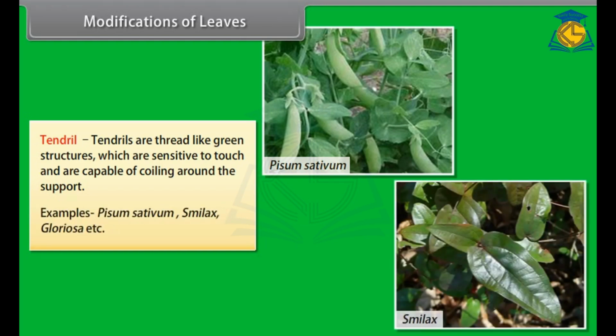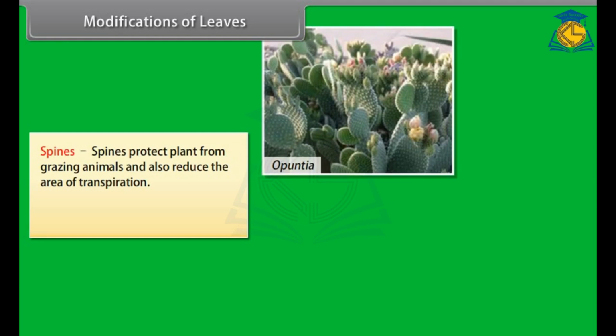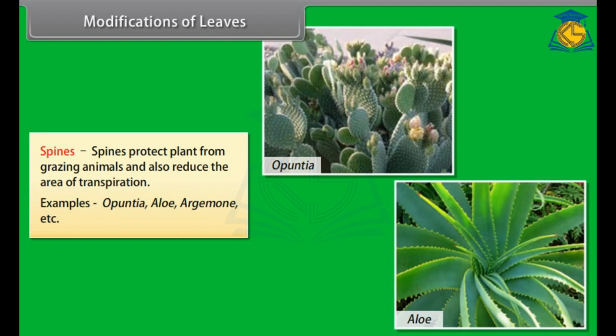Examples: Pisum sativum, Smilax, Gloriosa, etc. Spines. Spines protect plant from grazing animals and also reduce the area of transpiration. Examples: Opuntia, aloe, Argemone, etc.